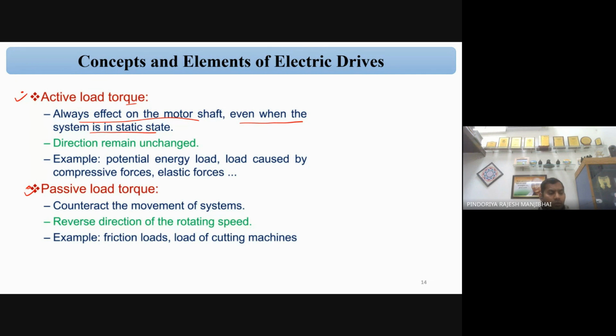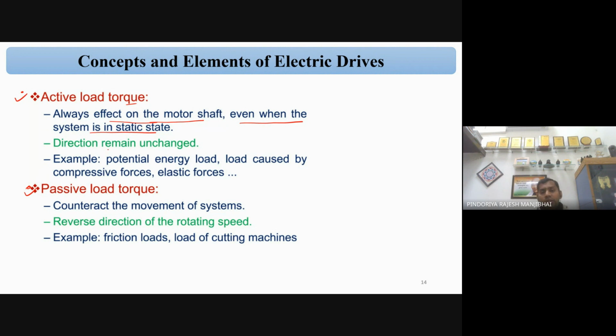We can say it always affects the motor shaft, even when the system is static. That is the active source, otherwise we can say the active load.